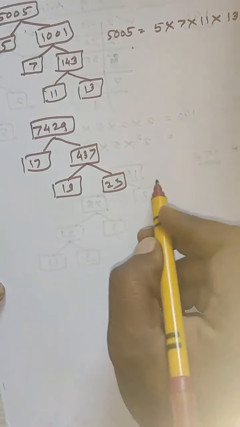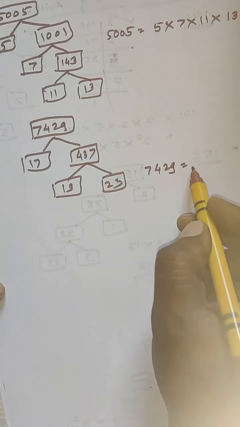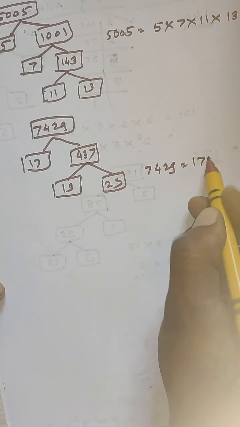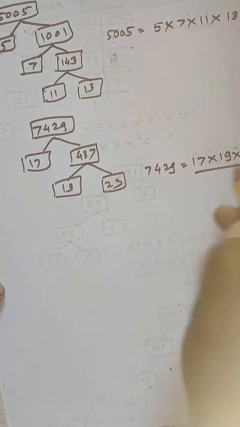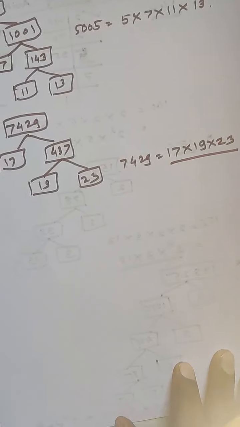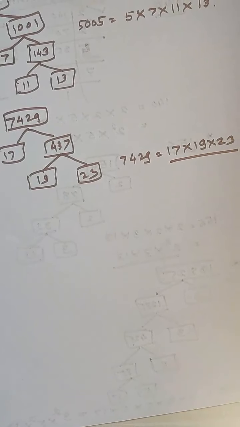So the factors of 7429 we can write as 17, 19 and 23. Okay, so like this we can find the product of its prime factors.